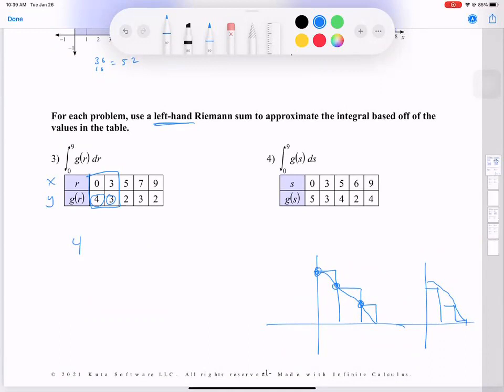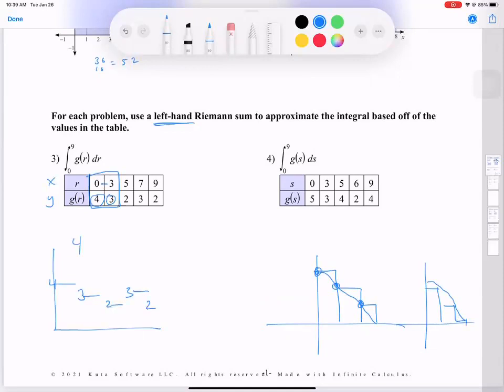Because when you're drawing it out, here, let me just draw it out. This is how easy I'm going to draw it. I'm going to write 4, 3, 2, 3, 2. Those are my values. Am I going to choose left or right? Left-hand approximation. Ignore the last two. What's the base?